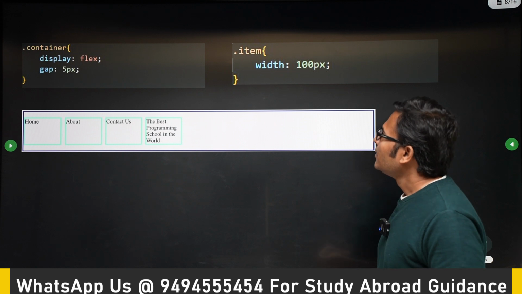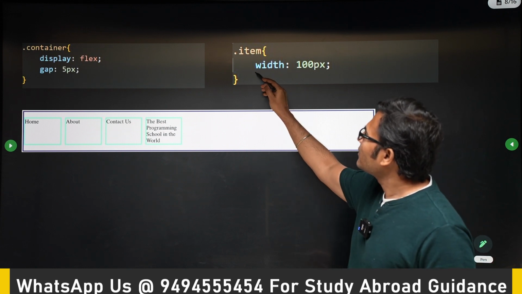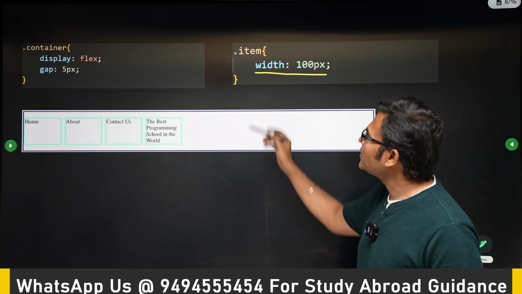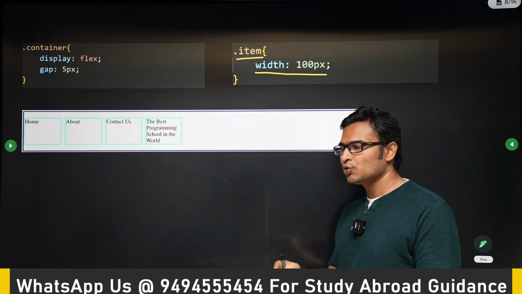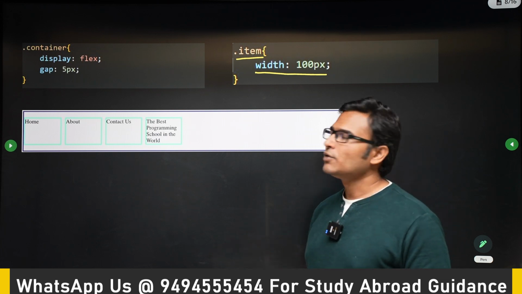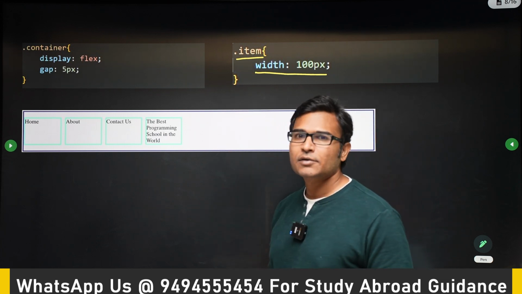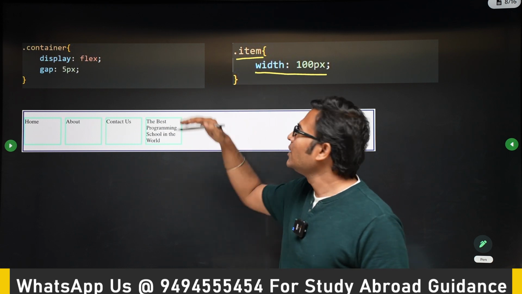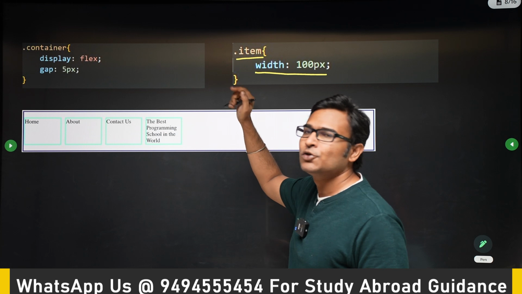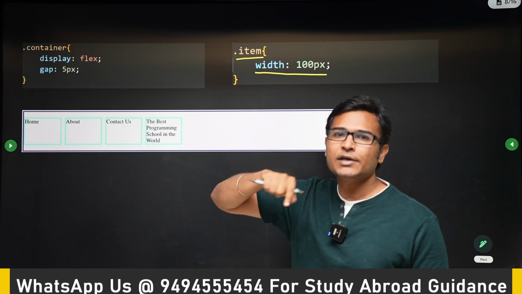Now you can also specify the width of an item by selecting that item. If you want one particular item to be of longer width, then you can specify that by selecting the item using whatever class it is present in. In this example, I have taken dot item, assuming that item is the class in which an element is present.